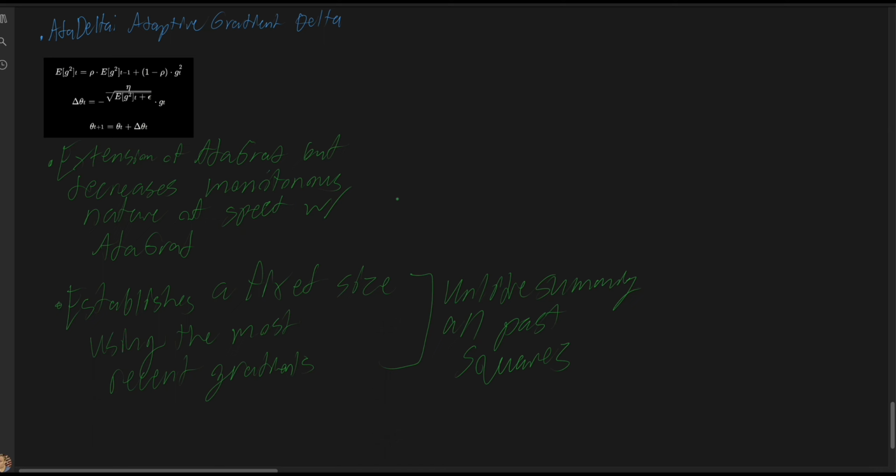The AdaDelta update rule is similar to root mean square propagation, but with a more sophisticated way of changing the learning rates. It eliminates the need to set a default learning rate, which is a significant advantage over Adagrad and root mean square.